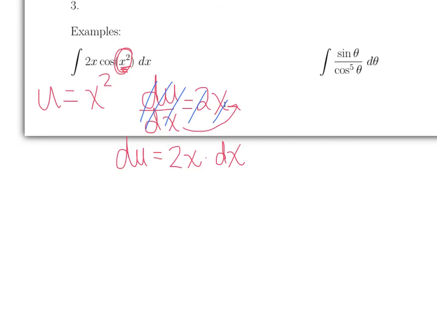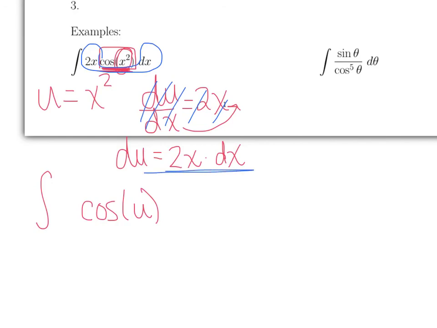So now we're going to use this x squared and 2x dx to rewrite this integral in terms of u. First of all we'll look at the cosine part. This part is really now just cosine of u, so that takes care of that. And then 2x dx is the stuff right here, so that just turns into our du.